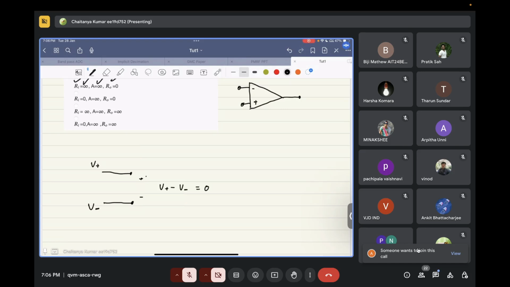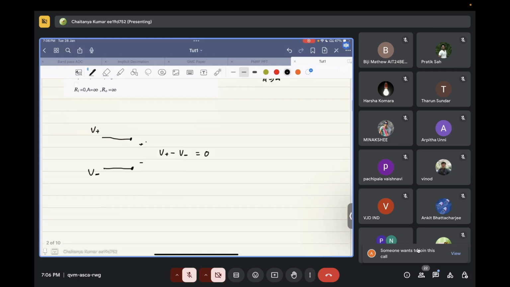This is what the high gain op amp is used for. So we have the plus terminal over here and the minus terminal over here.